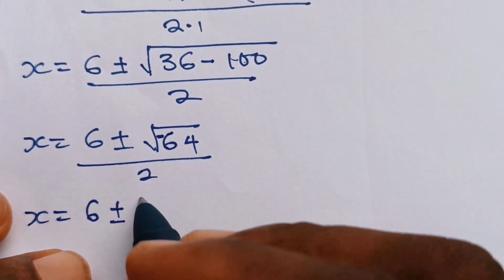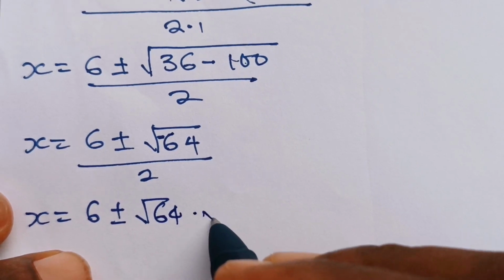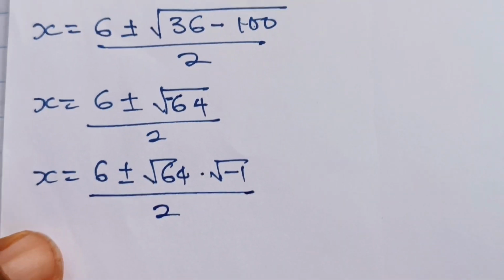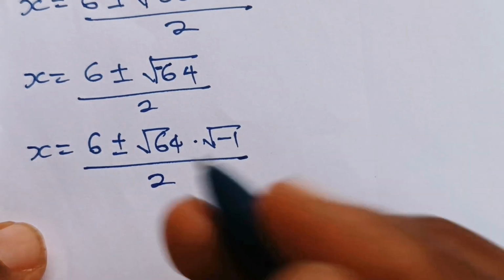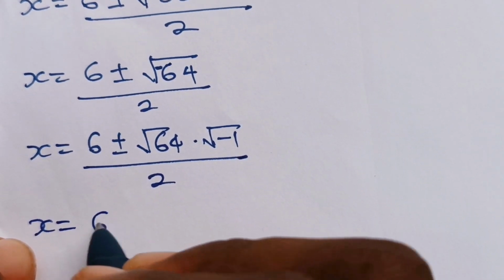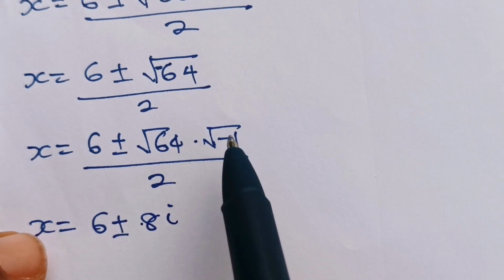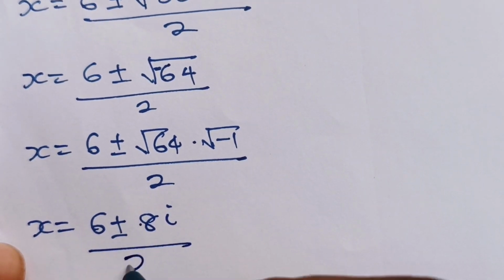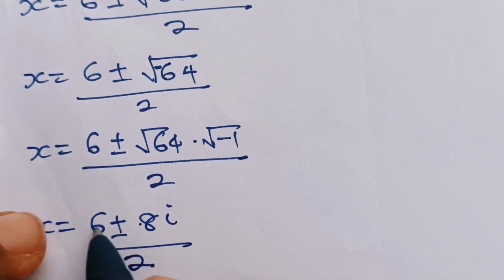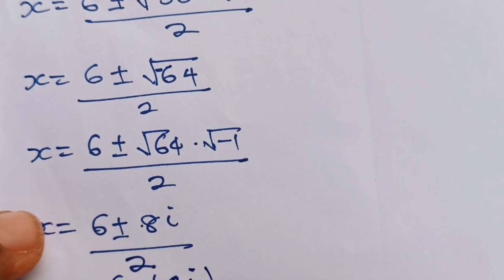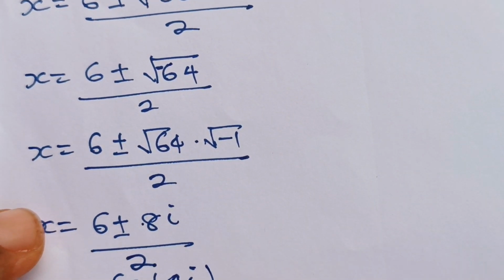So our x is equal to 6 plus or minus, now this is the same thing as the square root of 64 multiplied by the square root of minus 1, divided by 2. So we can say that x is 6 plus or minus 8i, because the square root of minus 1 is i, divided by 2. Now we can factorize 2 from here to give us 3 plus or minus 4i, right, divided by 2.